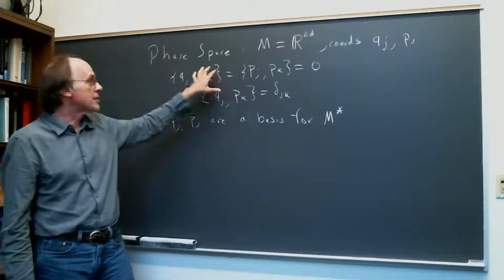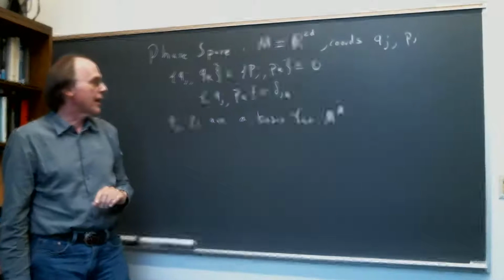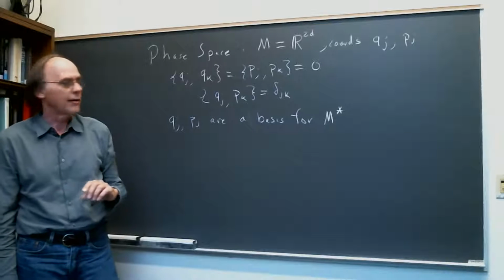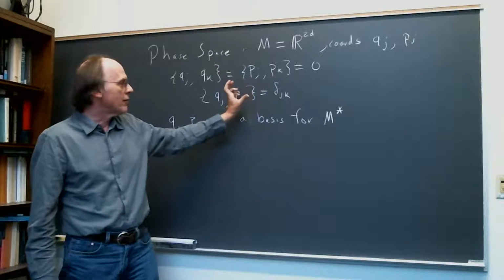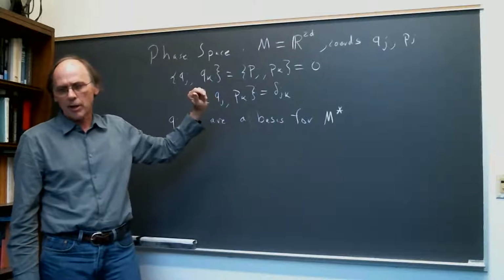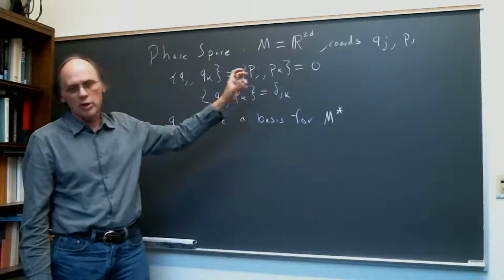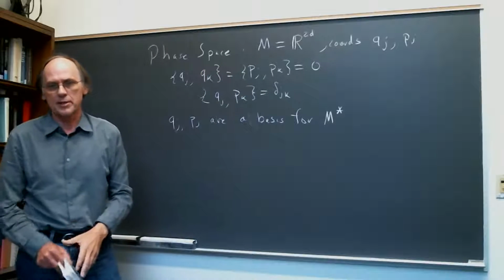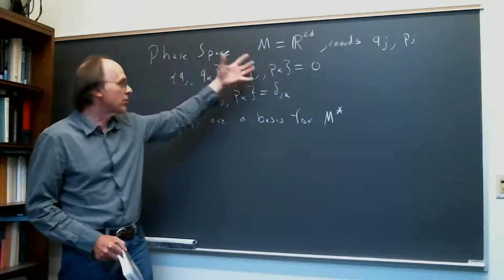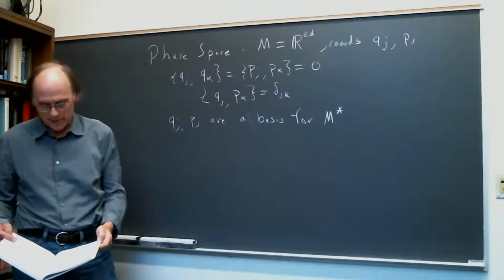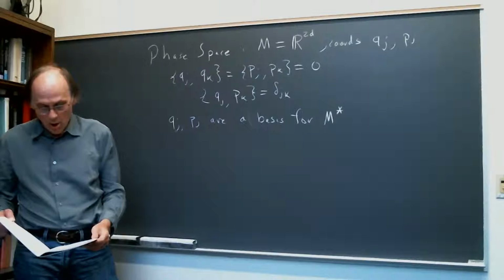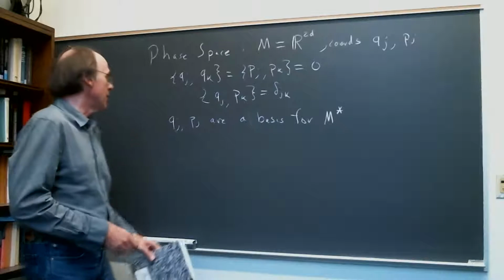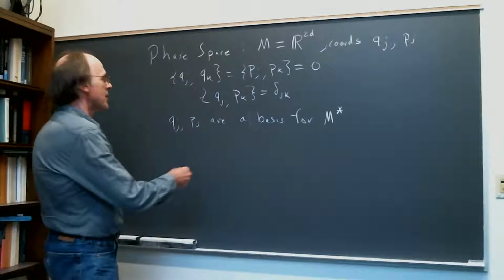In this new geometry, where you have an anti-symmetric bilinear product instead of the usual inner product, these relations are the symplectic analog of an orthonormal basis.